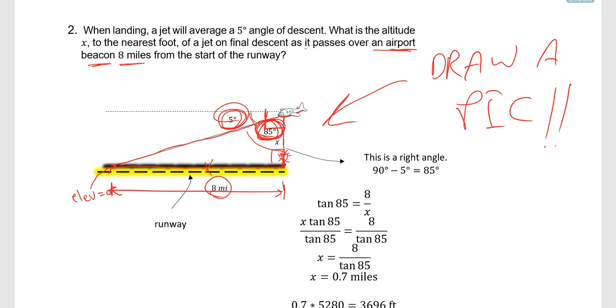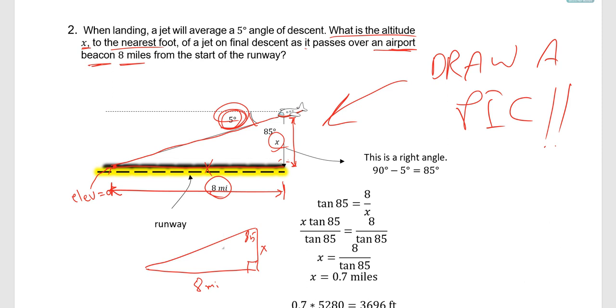Then we need the altitude x to the nearest foot. This is the altitude, the height of the airplane as it passes over the beacon. So we have a right triangle with 8 miles, 85 degrees, 90 degrees as we know, and we need x.